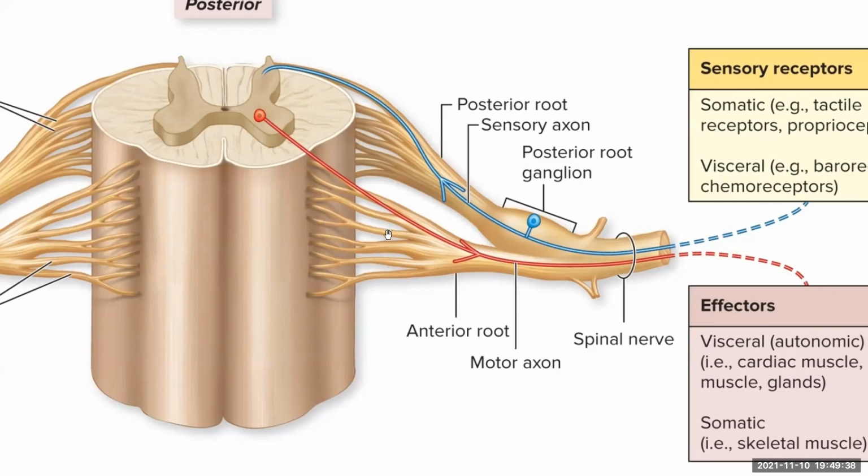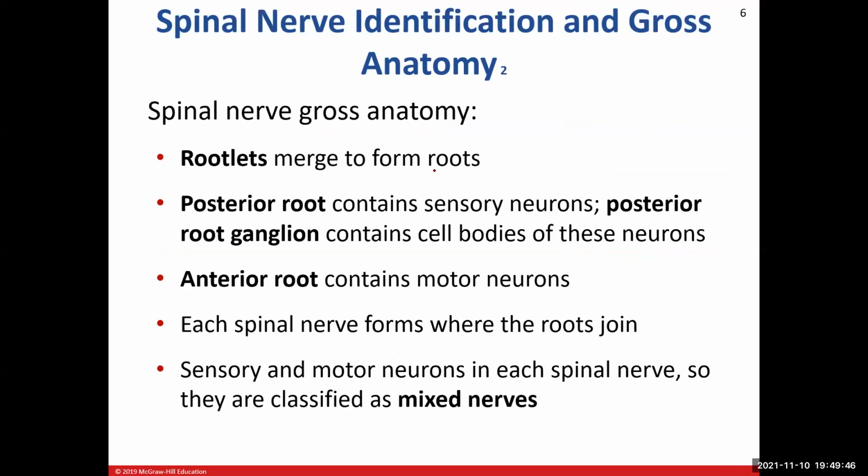Right. Review. Anterior root contains motor axons only. Posterior root contains sensory axons only. Our spinal nerves are mixed nerves, and so they'll contain both sensory and motor neurons.